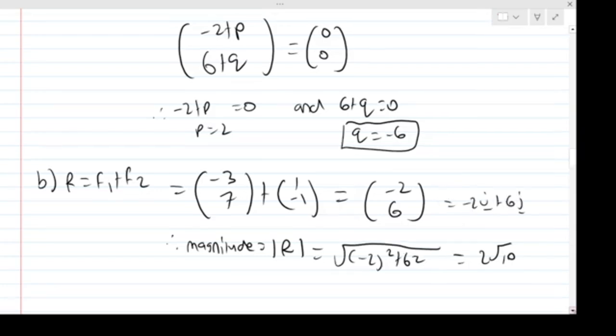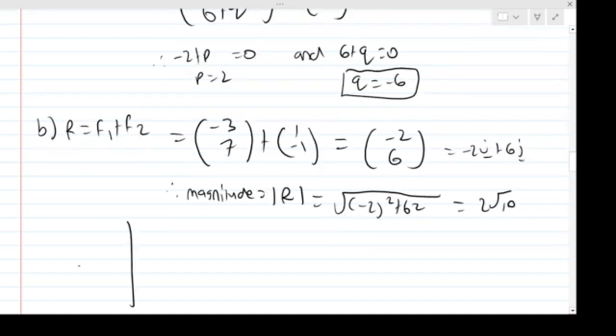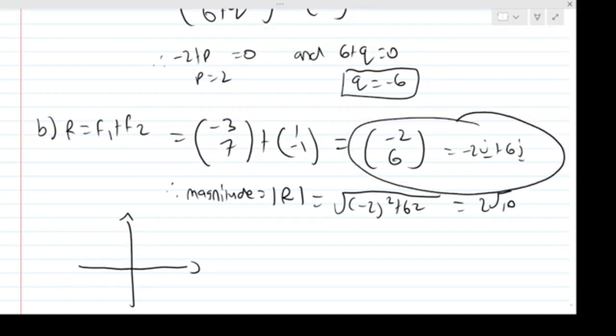So if I plot that on some sort of XY grid, or I and J grid, minus 2i plus 6j. So this vector here, which is R, minus 2 on the x-axis, right, and 6 on the y. So we get this point here. So that's my vector from the origin, okay? So that's the vector R, right?